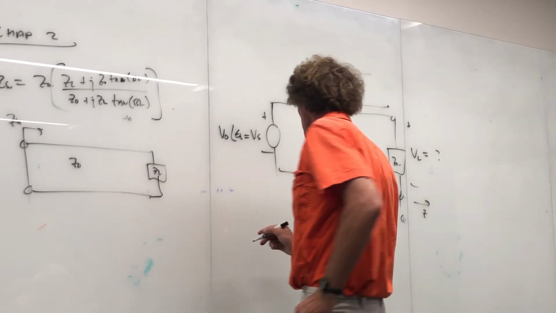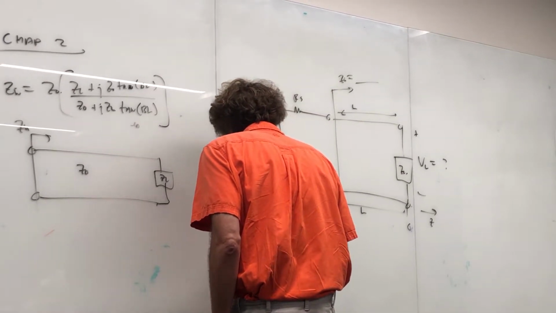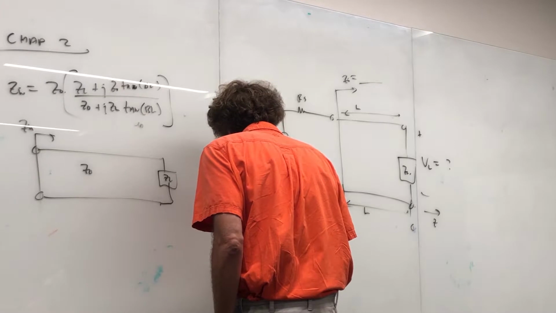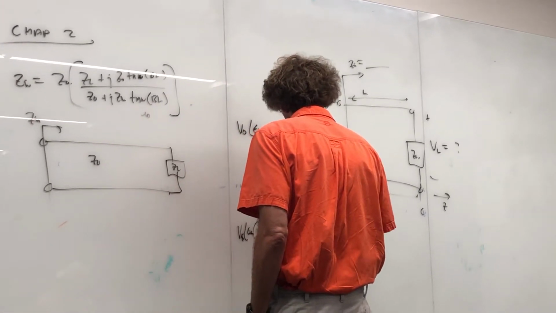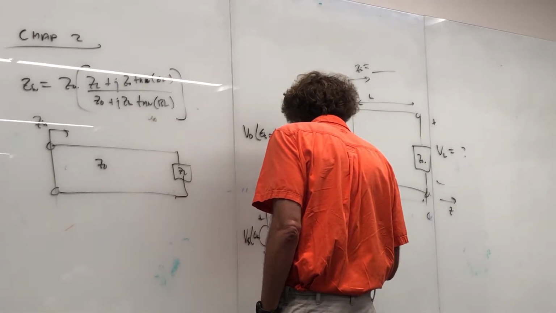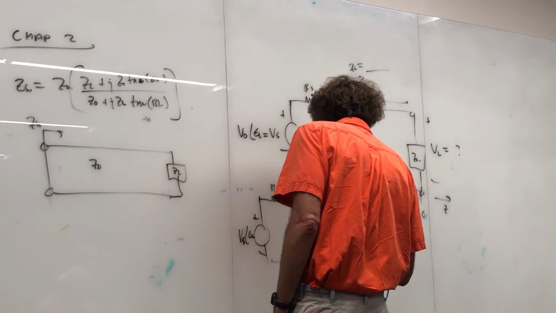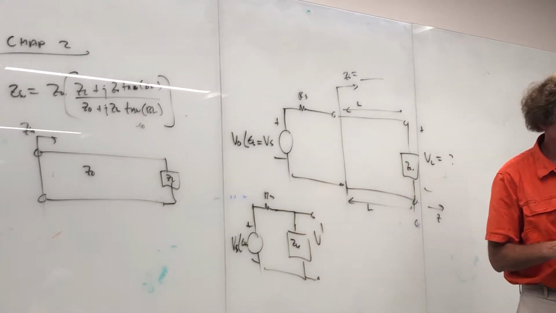Now, the equivalent circuit would be one where I have plus to minus the source at the angle of the source here, source resistance, and then I have the equivalent Zin here. And I'm after this voltage, and that is my V prime. That's the voltage just on the inside of the transmission line.